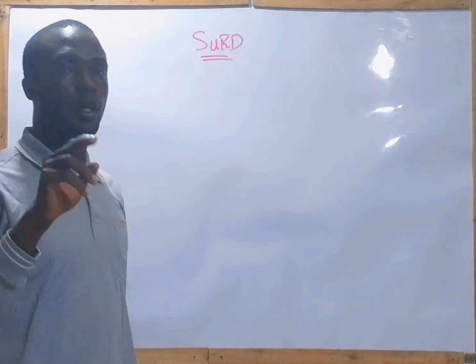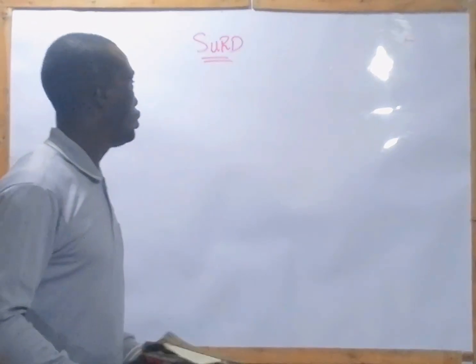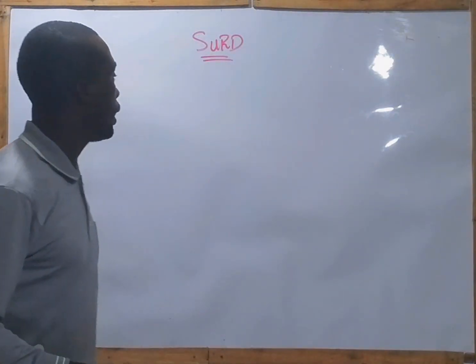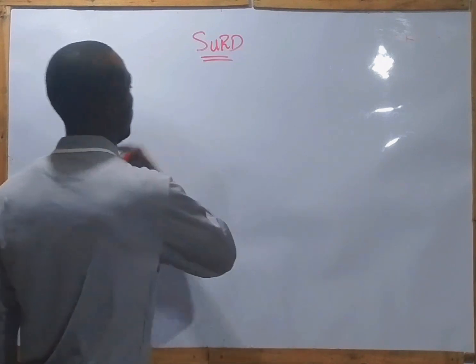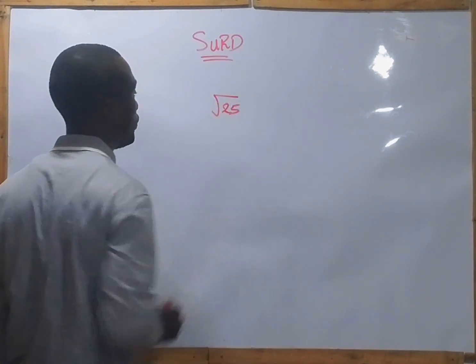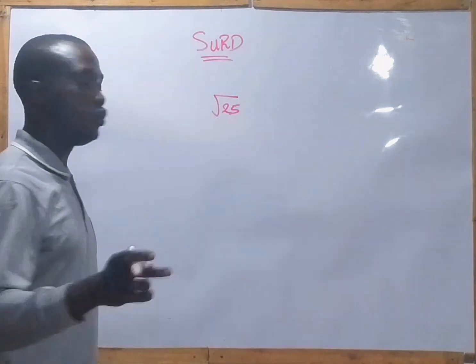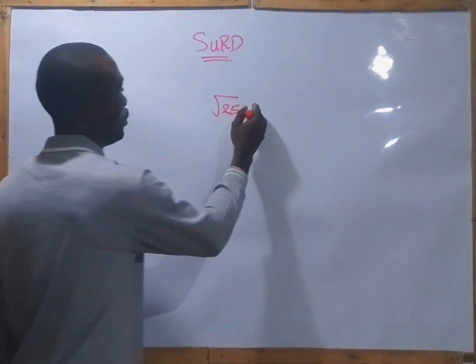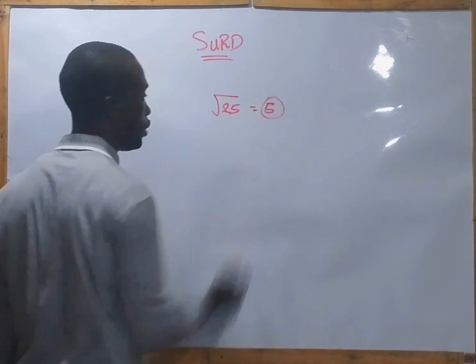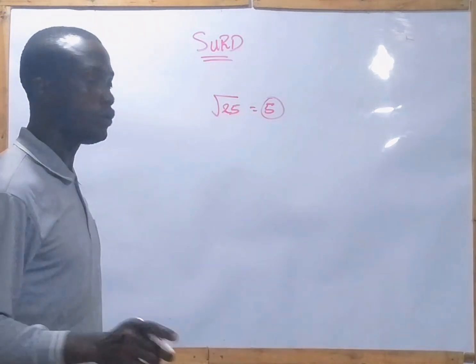Now, when you are dealing with surds, you will see something like root 25. When you see something like this, root 25 will give us 5 straight up. Abi? Root 25 will give us 5 straight up.